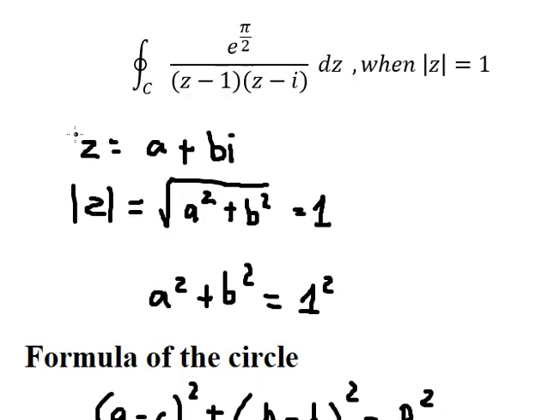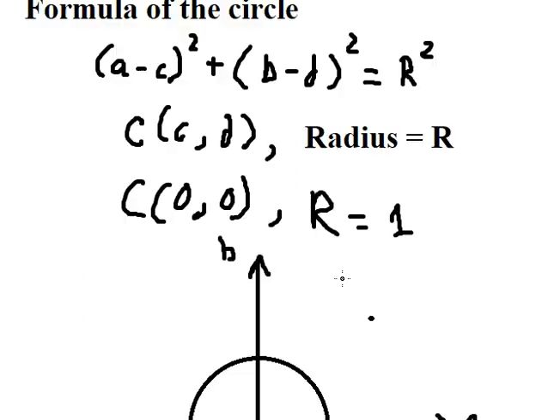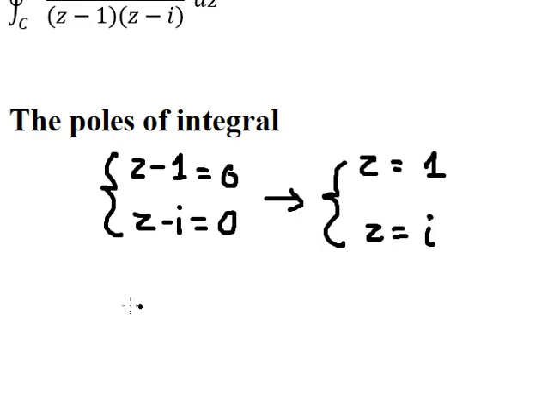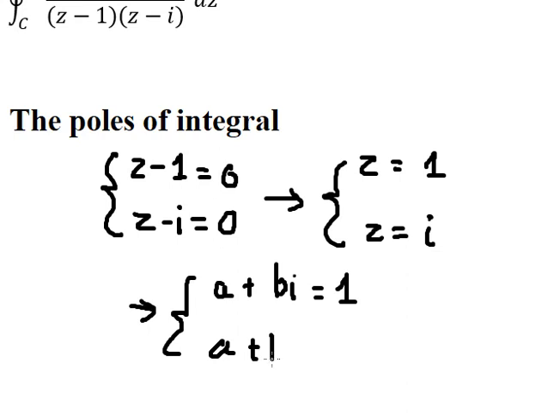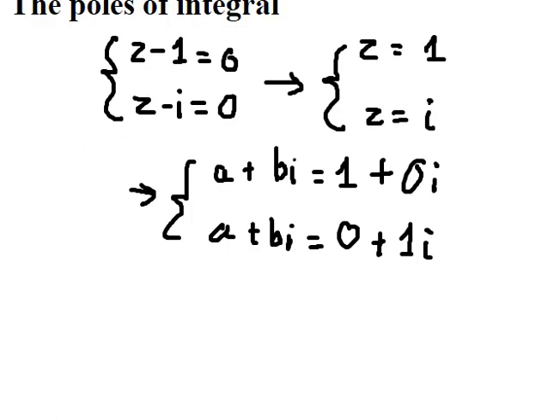So we know that z equals this one. Now we need to transform z into a plus bi equals 1 and a plus bi equals i. So number 1 is 1 plus 0i. And the second one is 0 plus 1i.